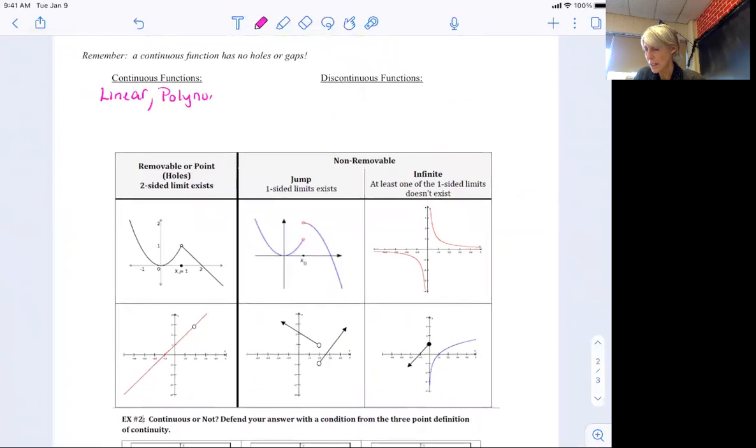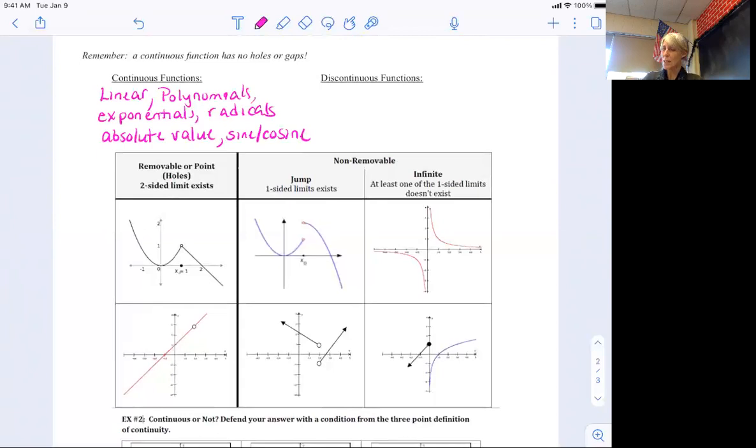Polynomials, always continuous. Exponentials, continuous on their domain. Radicals, continuous on their domain. Absolute value. And our sine and our cosine. Okay, so these are the functions that you may see.